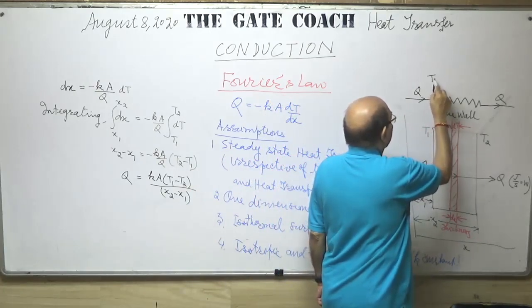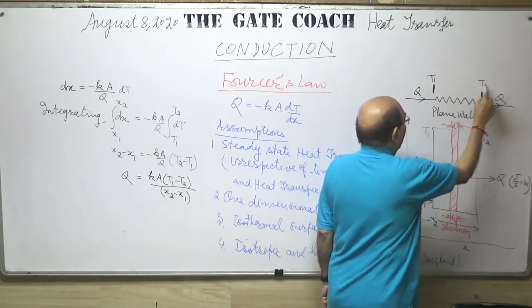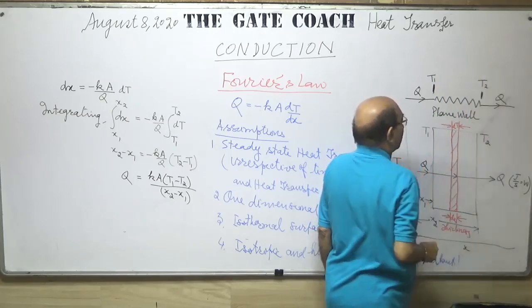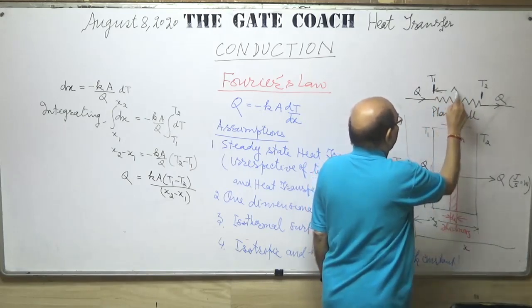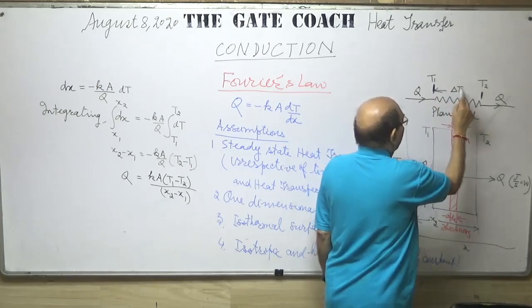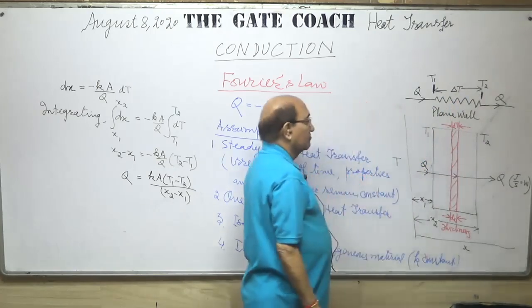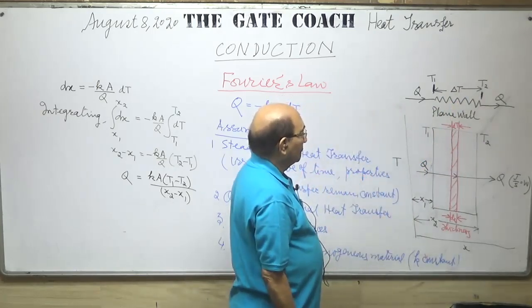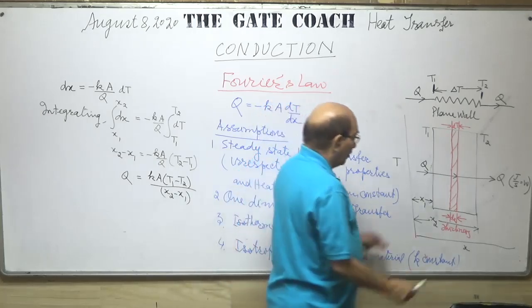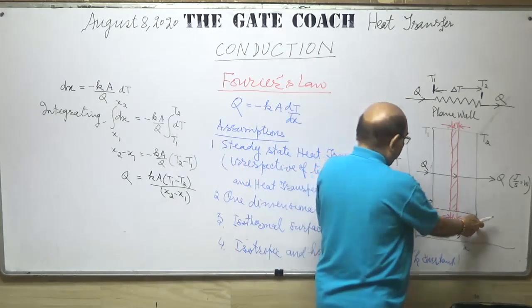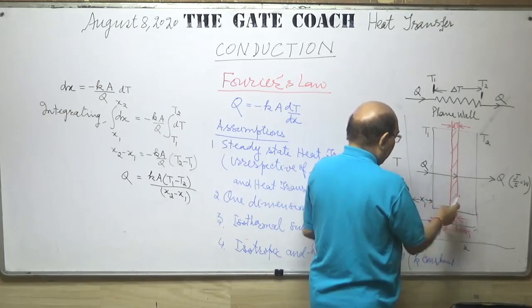This was at temperature T1. This is at temperature T2. And T1 minus T2 can be written as delta T. This distance is x2, this distance is x1.